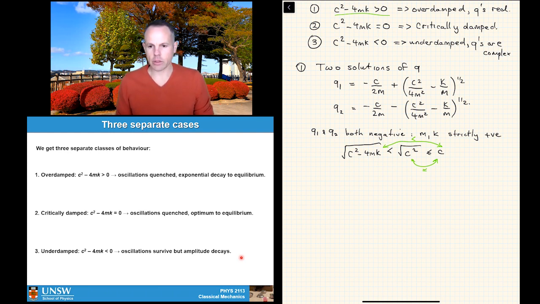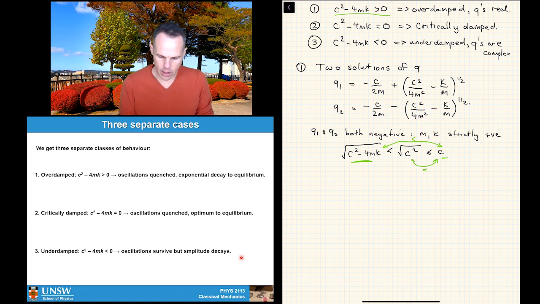And then that's got to be smaller than the square root of C squared, which is then equal to C, right?